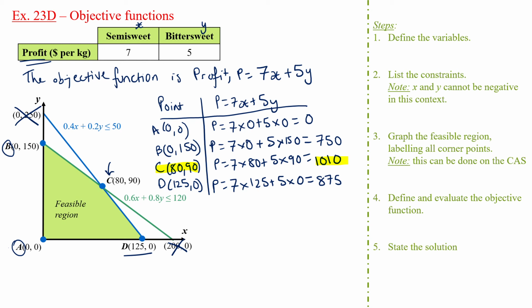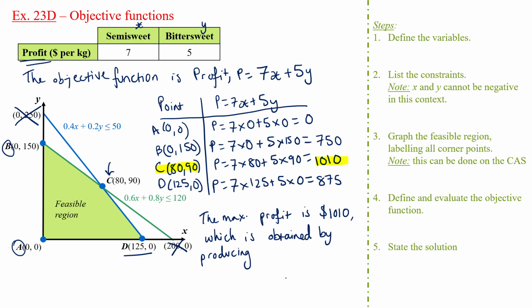We can now state our solution. So the maximum profit, which is what we were looking for, the max profit is $1,010 a day, which is obtained by producing, and you might notice some similarities in the way that I've worded this answer to the previous example, the maximum is, which is obtained by producing, at the point 80, 90.